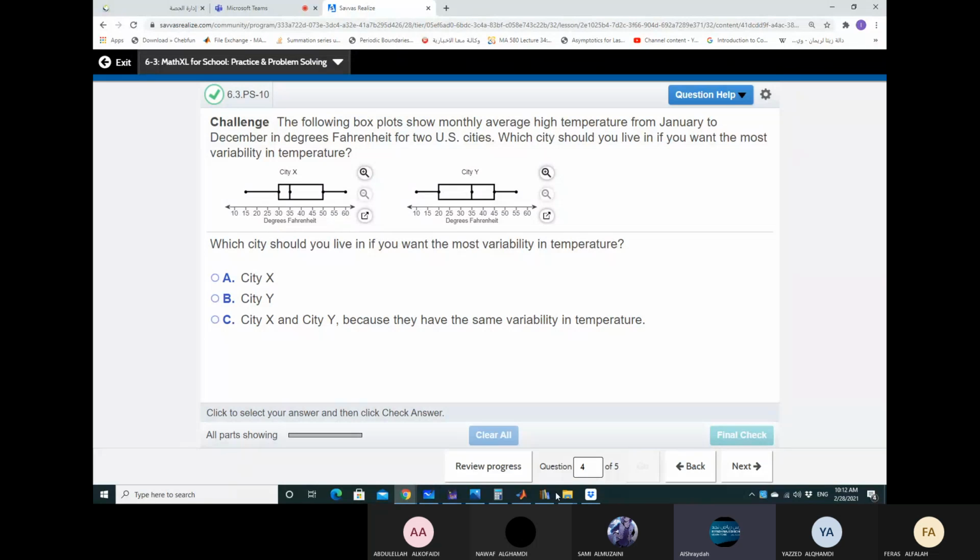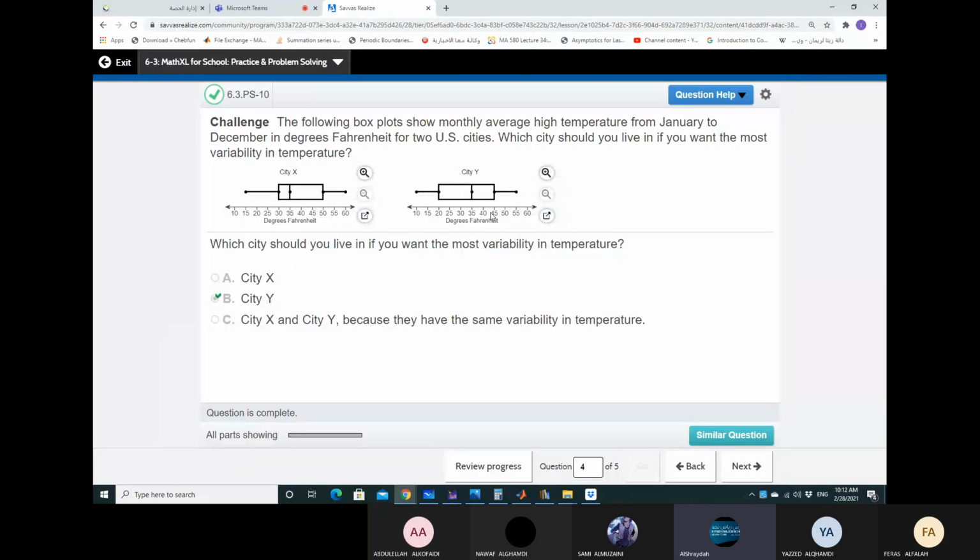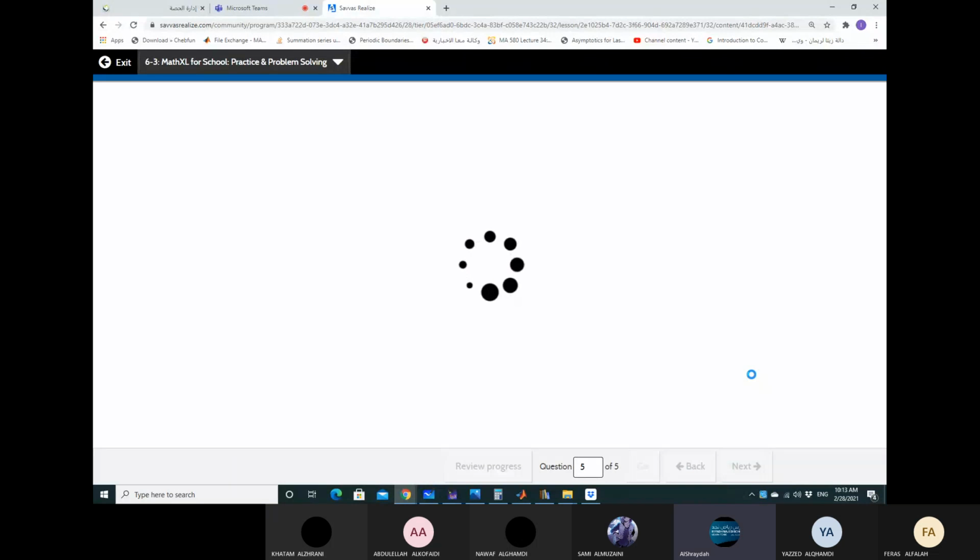As you can see here, I think city Y, because of the width of the box here, is about 45 minus 20 gives you 25, sorry, 25, yes. And here, 50 minus 20, which means that the width of the box in city X is greater than the width of the box in city Y, which means that in city Y we have more variability in temperature than city X.